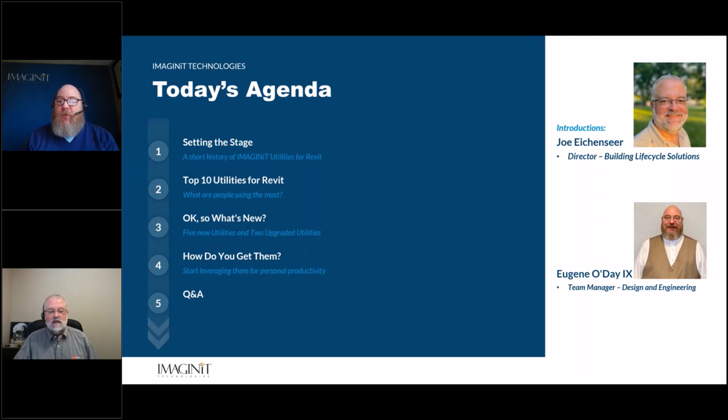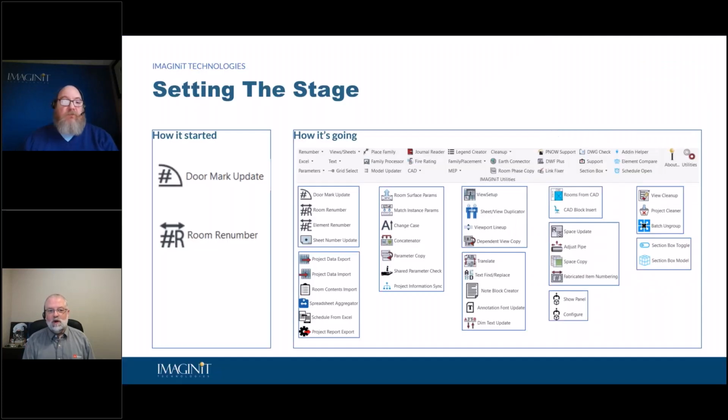Back to you, Joe. Yeah, so on the next slide, the short history of where we were and where we've begun. If we go back to the earliest days, as soon as Autodesk started releasing an API for Revit, we came around and said, cool, let's start building some tools. And the first two we ever created and released, gave them away for free, was a tool to renumber doors and to renumber rooms.